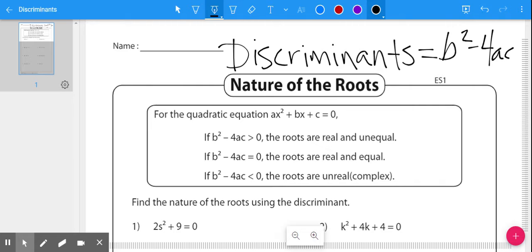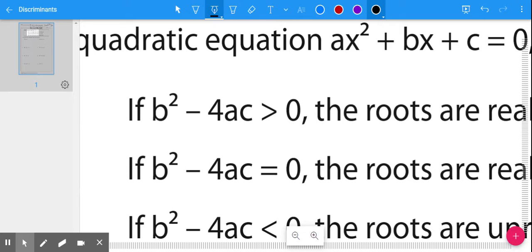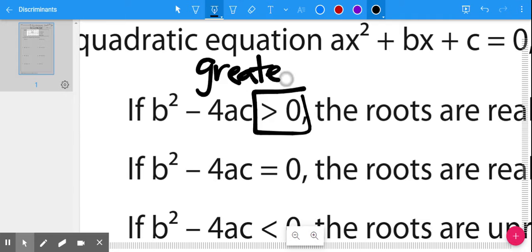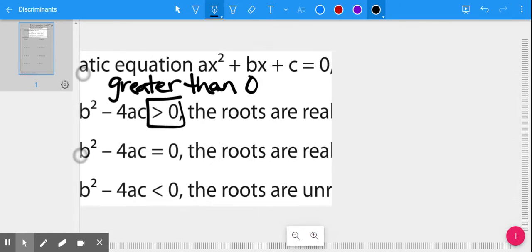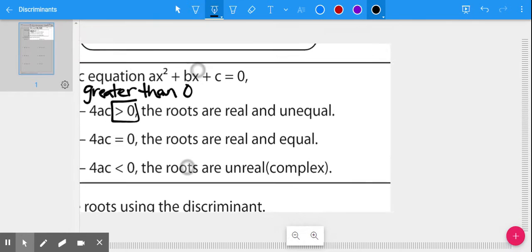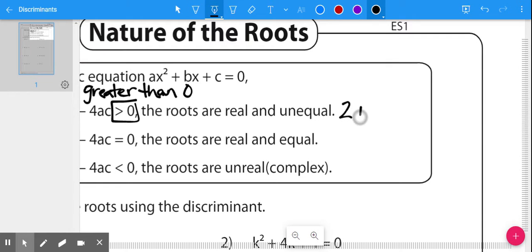That's the same thing that's in the square root symbol in the quadratic formula. So what happens is if you plug your b, your a, and your c into that formula and you get an amount that is greater than 0, then you're going to have two real solutions.